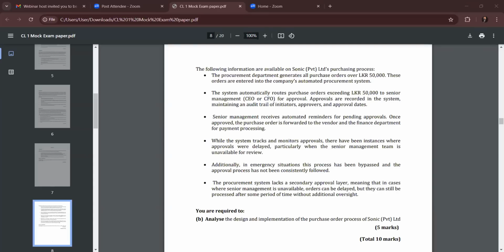Number 2, allowing approval to one person.